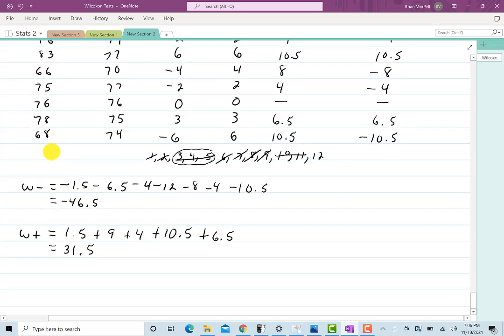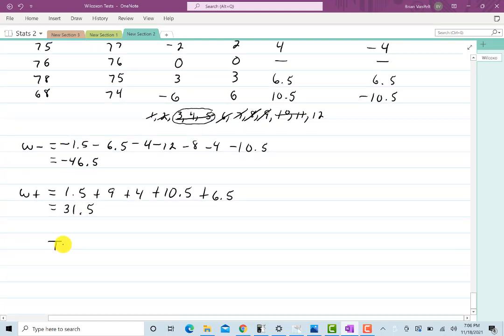And now our test statistic is going to look like this. W sub S is going to be the minimum of the absolute value of the W minuses versus the absolute value of the W pluses.